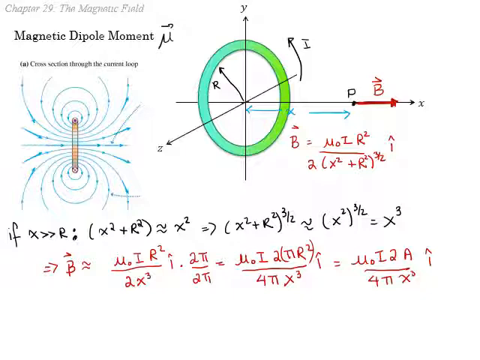Okay, so now we'll introduce our definition of the magnetic dipole moment. So we'll define mu is equal to current times the area vector. Area is definitely a vector. It has a well-defined direction.